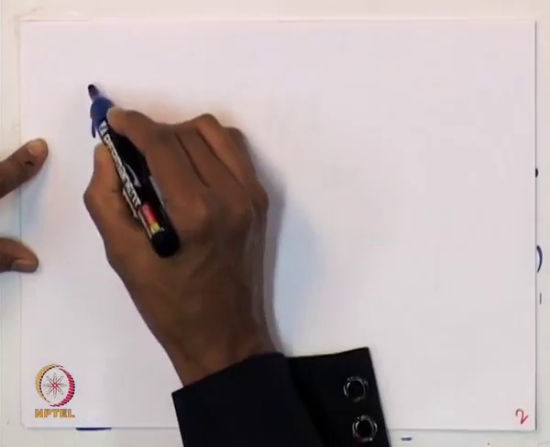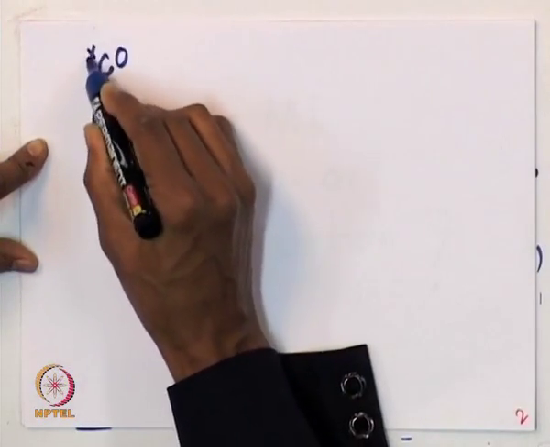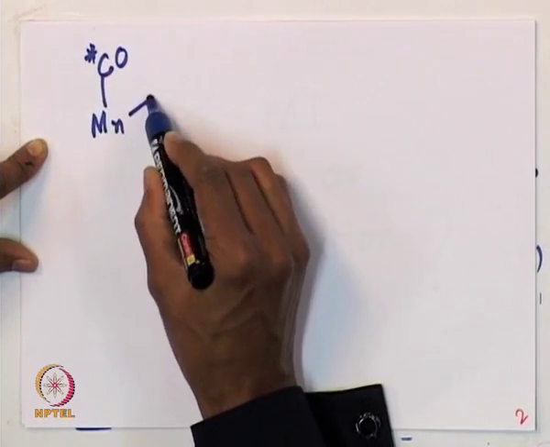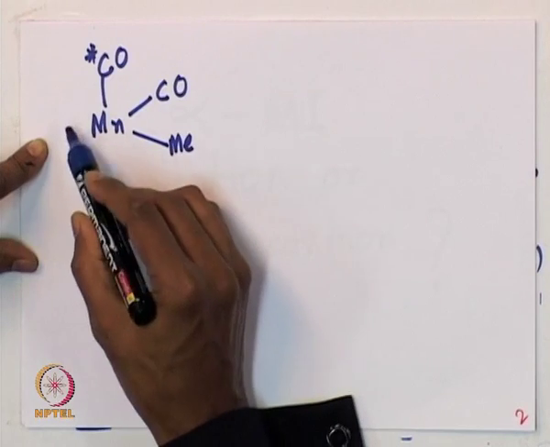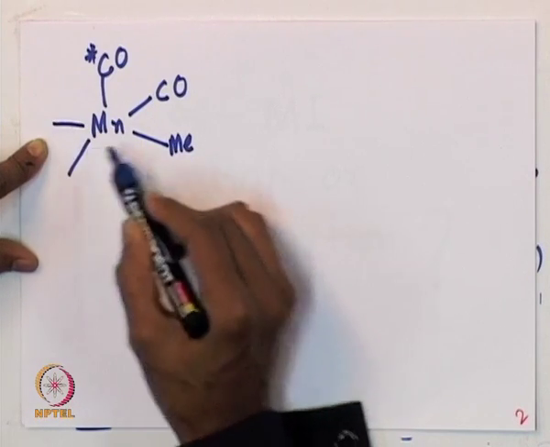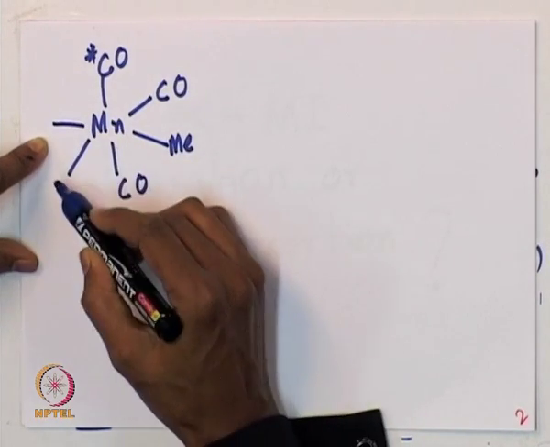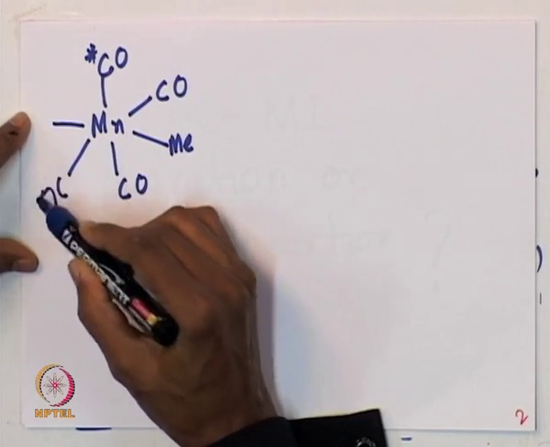The scientist has come up with a strategy, a manganese complex, and one of the CO is labeled. In this case, one can selectively do these experiments, and very efficiently this reaction can occur.